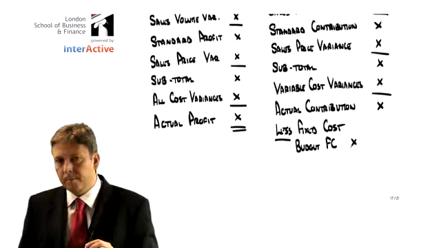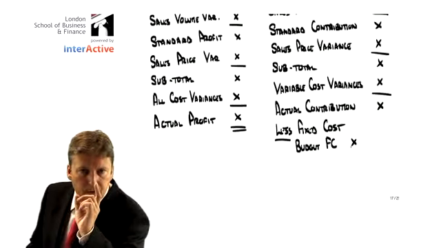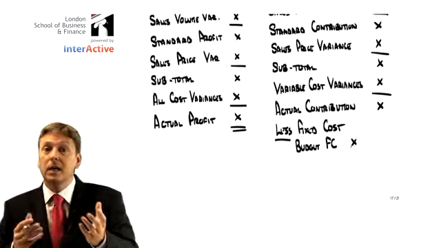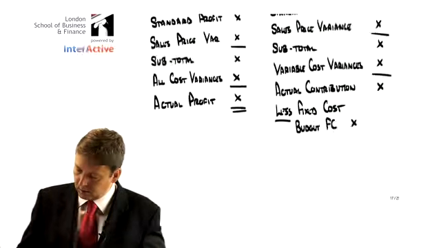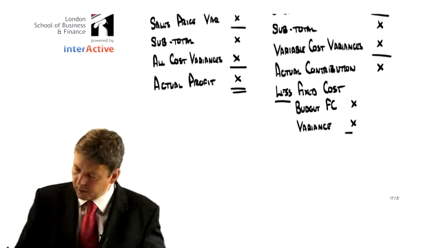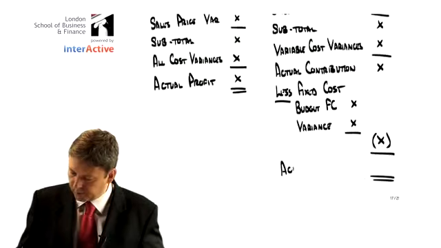But remember, when we're looking at marginal costing, there is a single variance for fixed costs. The only variance we have for fixed costs is the expenditure variance. So we have our single variance. That would give us an actual fixed cost, and we will definitely take that away to get to actual profit.